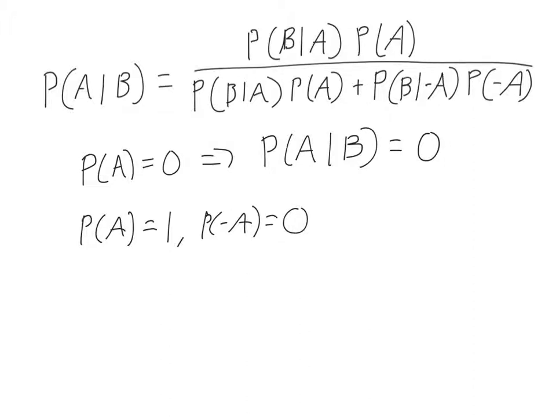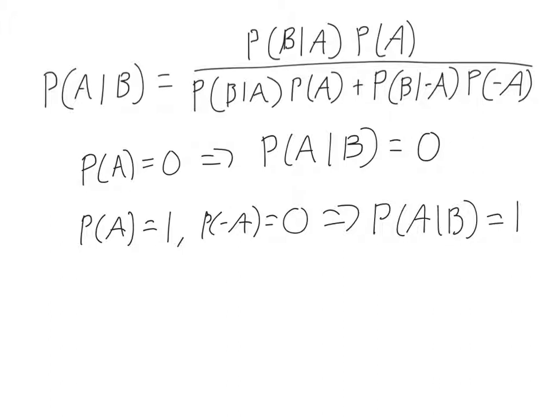So, if P(A) is 1, P(not A) is 0, this entire term is just canceled out, and the numerator and the denominator are exactly the same. Something divided by itself is just 1. So that would imply that our posterior probability is equal to 1, or 100%.